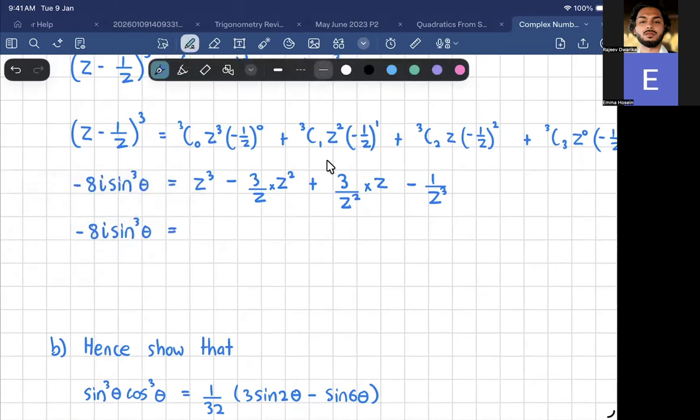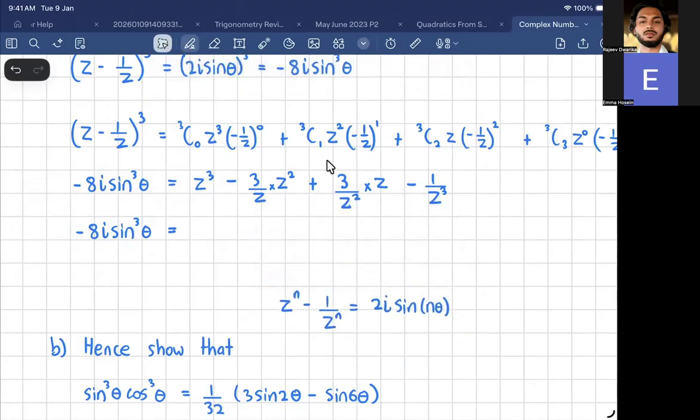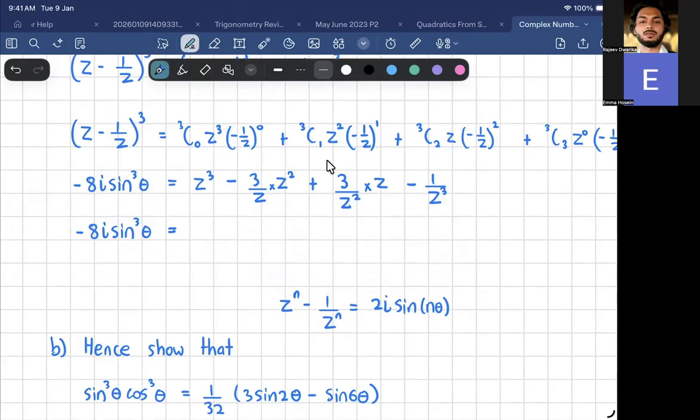Okay, so now we could group together this thing so that we can get any form z to the power n minus 1 over z to the power n. Agree? And if it's in this form, that would produce 2i sine n theta. So that would be z to the power 3 minus 1 over z to the power 3.